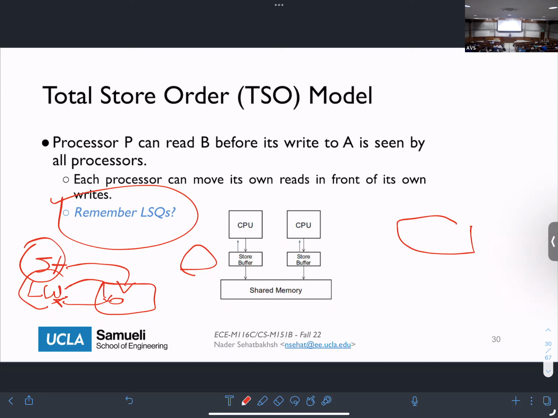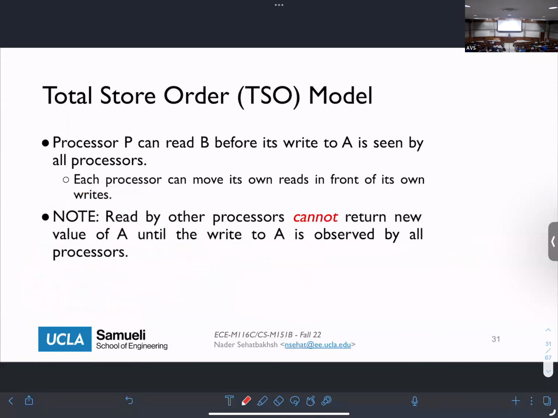And this is what we call a total store order or TSO model. Remember that this doesn't fix the issue of other cores. Still, other cores won't see that we are writing things and so on. But internally, within each core, we can freely move loads after or before stores.